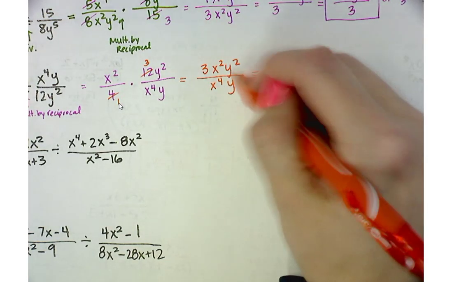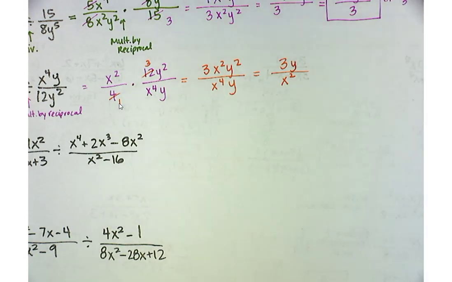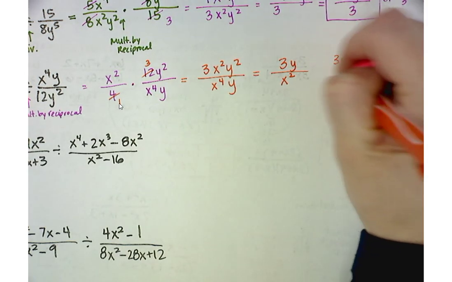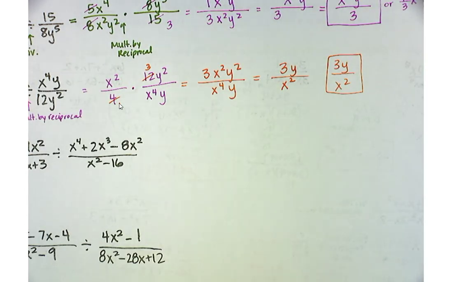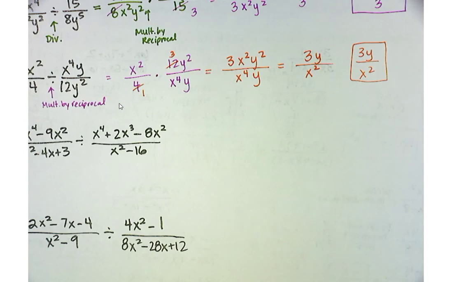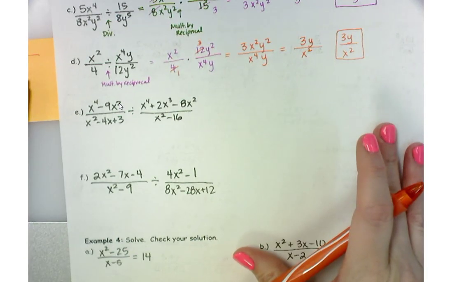All right, now for E and F, we are going to start by factoring. Again, notice that this is division, so we're going to have to multiply by the reciprocal.